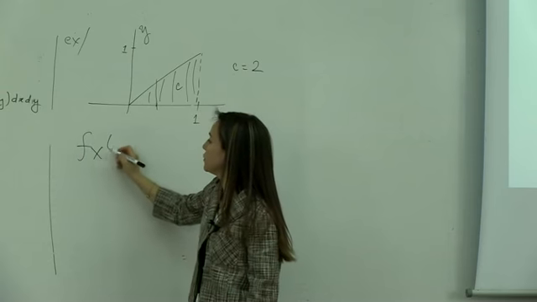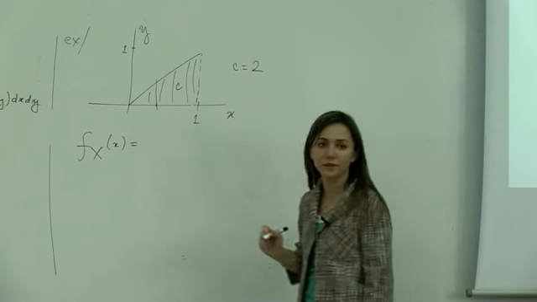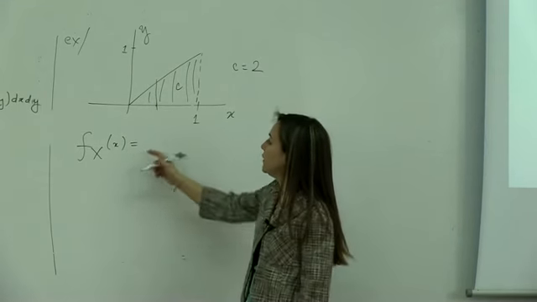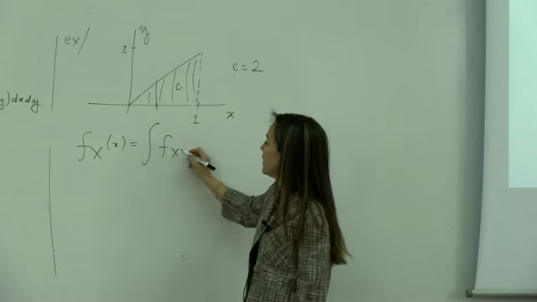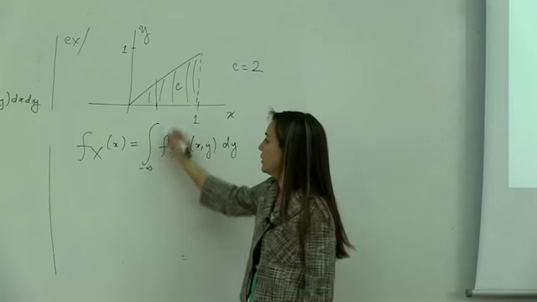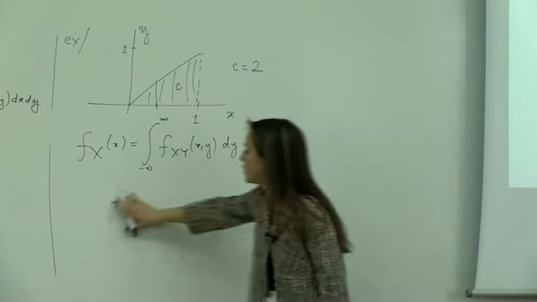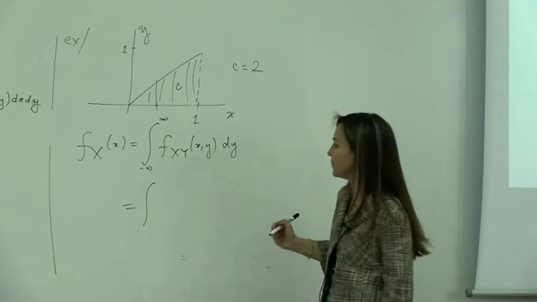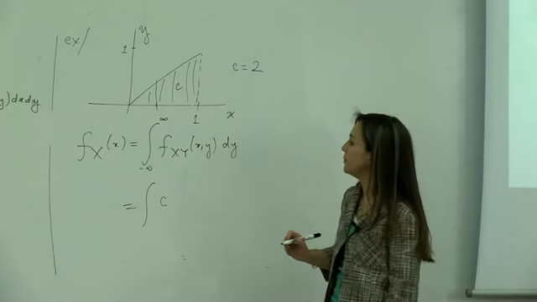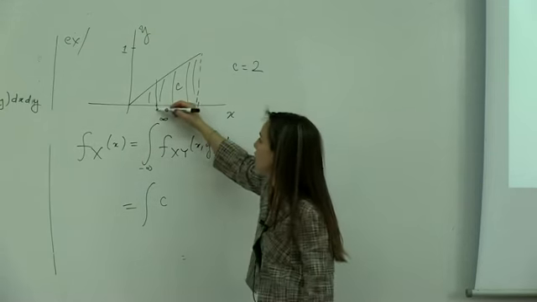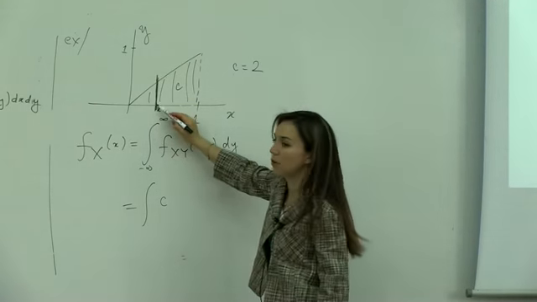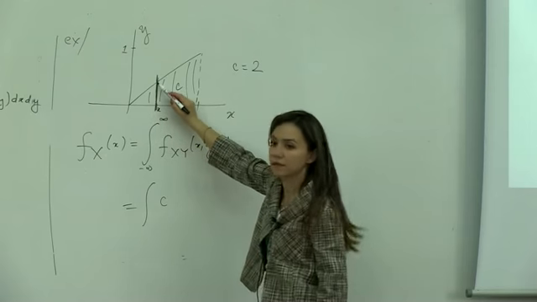Let's see. What is f_X of x? This is sort of like an exercise of past topics. f_X of x is the integral of f_XY(x,y) dy. Now, what is f_XY? f_XY is equal to c whenever, for any given value of x, suppose x is here, y goes from 0 to x.